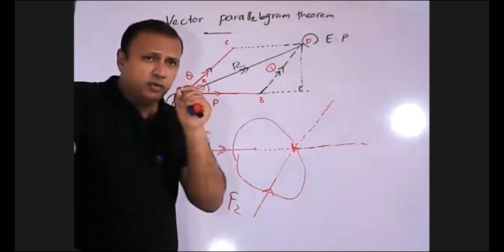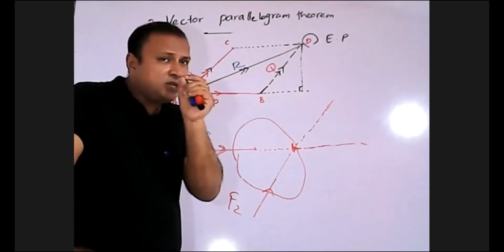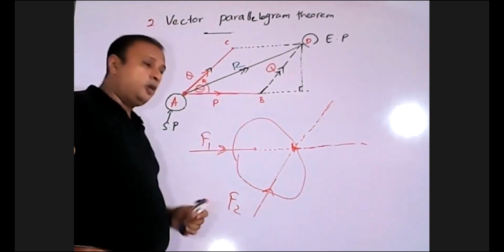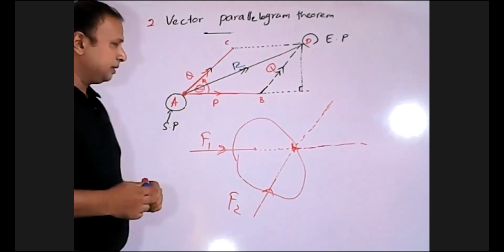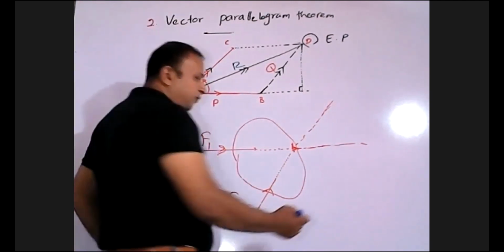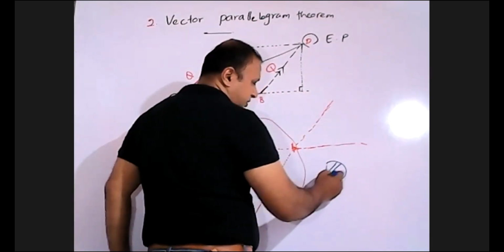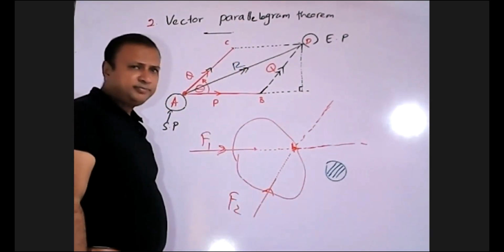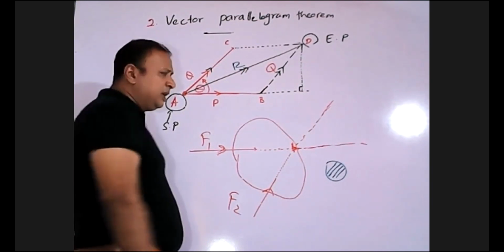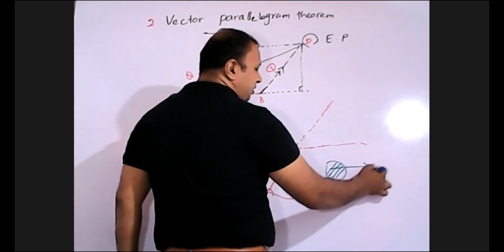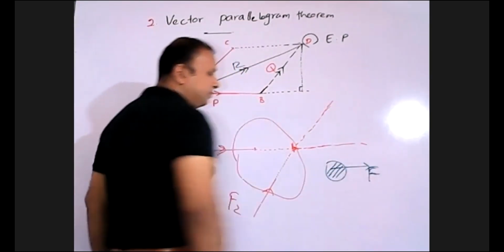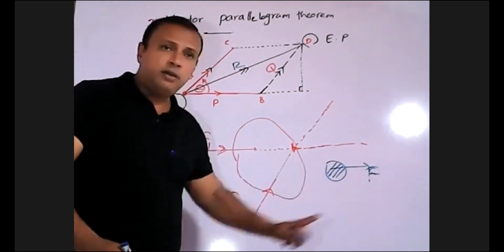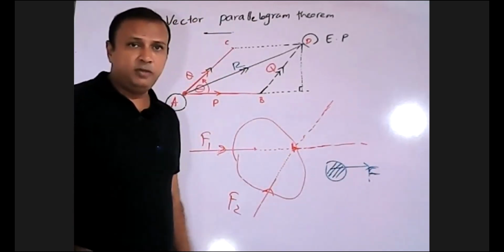But if you consider a force acting on a particle, or a point object, this force has both a line of action and a point of action, because this is a point object.